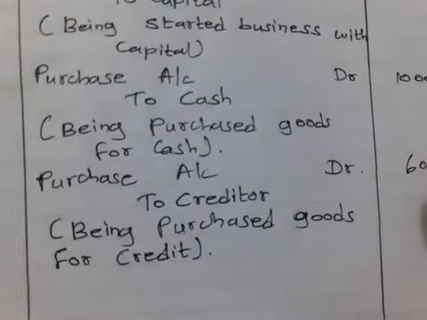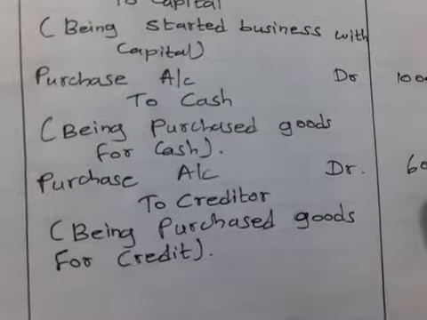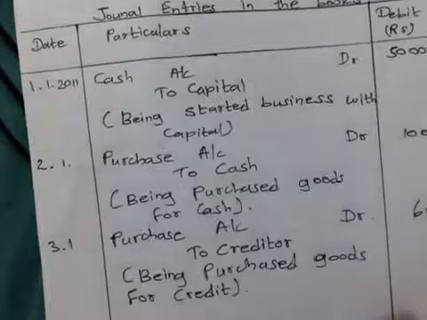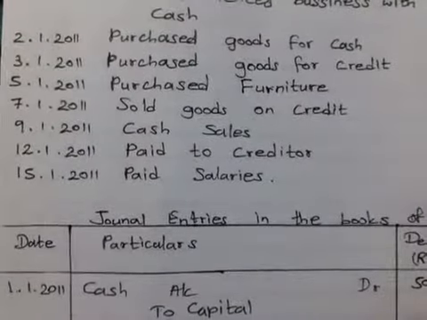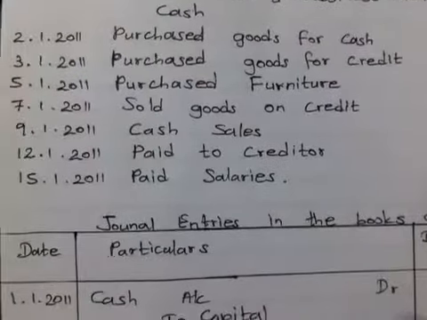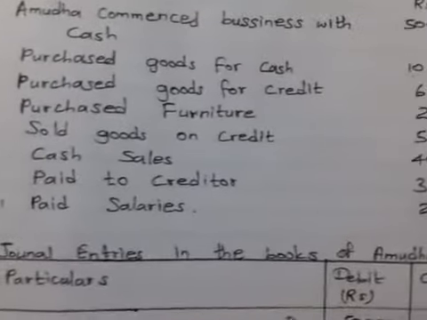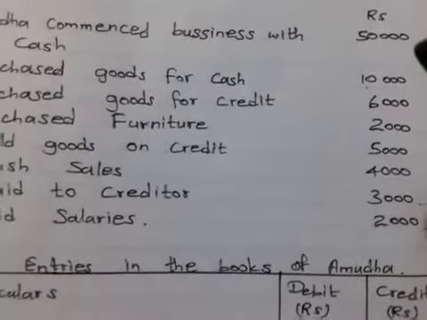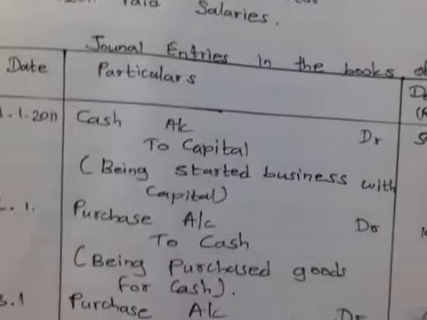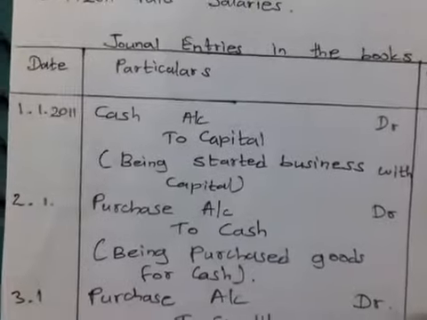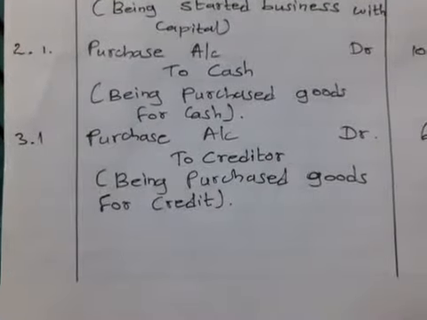Next transaction. January 5th, 2011, purchased furniture for 2000. The furniture is a fixed asset. So in this case, the furniture is increasing in the firm.